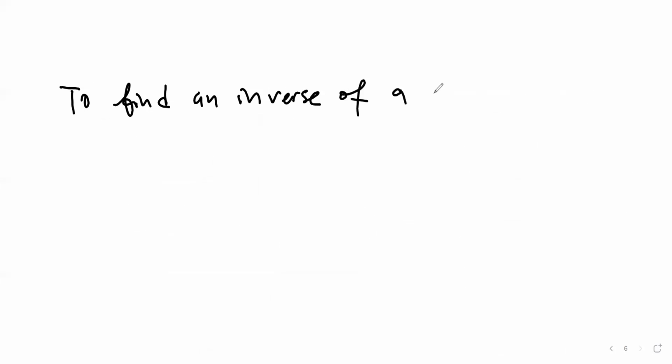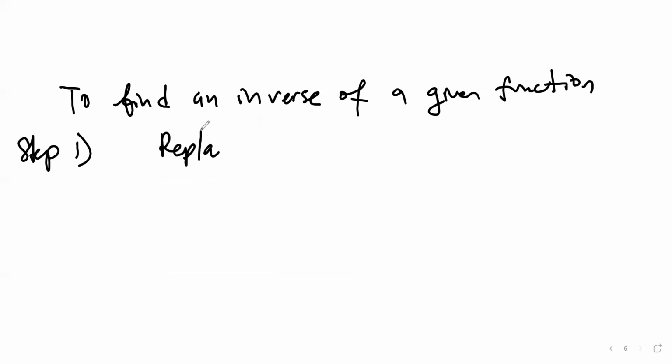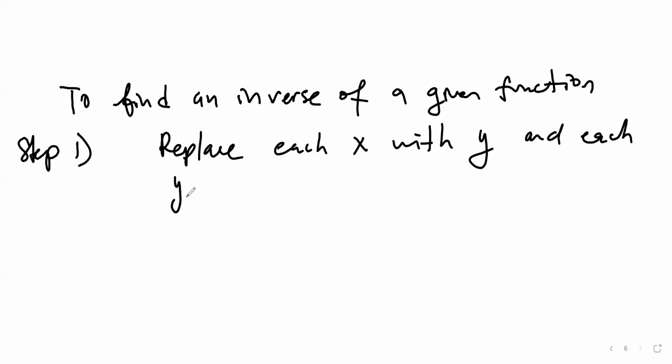So now I'll tell you how to compute the inverse. To find an inverse of a given function, we will really just do two steps. So step one is replace each x with y and each y with an x.